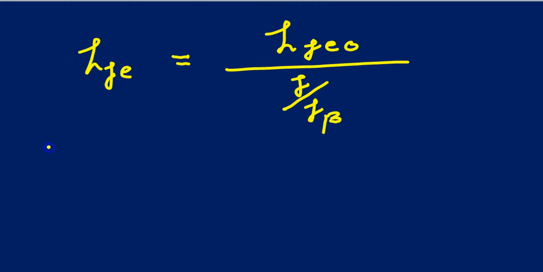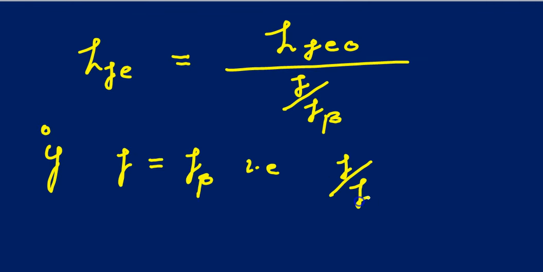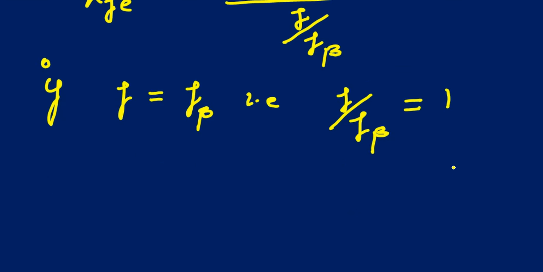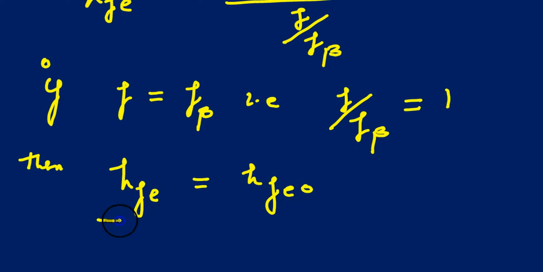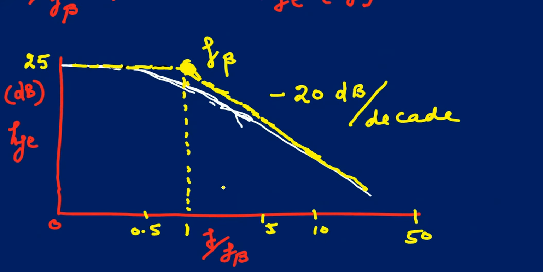So this relation shows just a straight line. So F equals F beta here gives HFE equal to HFEO. This is the asymptote.